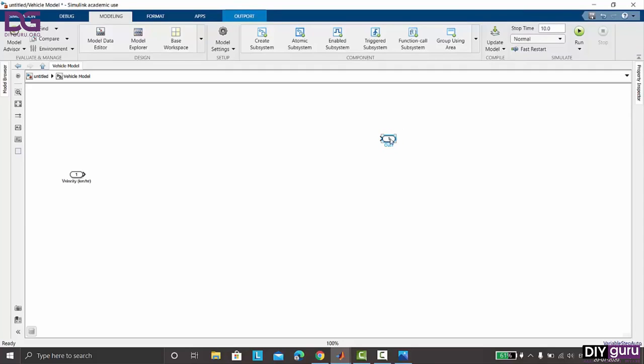So hold the control key, click and drag it to copy the output port. We will name it wheel speed in terms of RPM and second is wheel torque in terms of Newton meter.